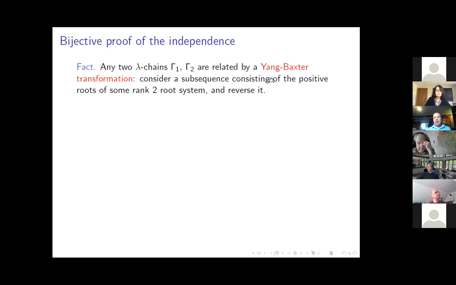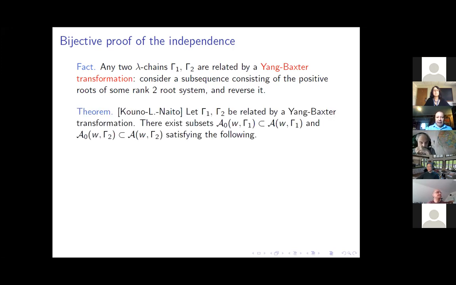And if the subsequence consists of the positive roots of some rank 2 root system, then you simply reverse it. You can apply these moves repeatedly, and in this way you can relate any two lambda chains. This is just elementary. So now the question is, how do we relate the objects of the quantum Bruhat model if gamma 1 and gamma 2 are related by such a Yang-Baxter transformation?